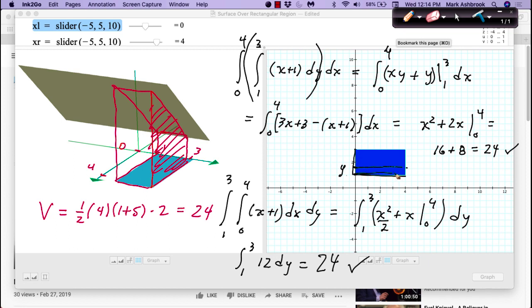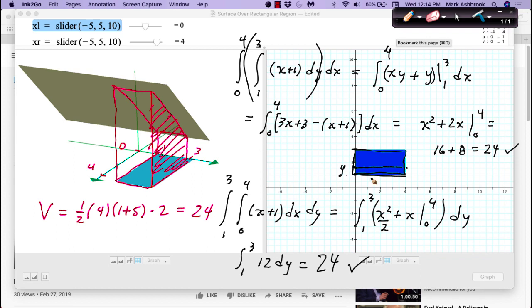Does the order matter? Well, because we have constant limits of integration, we have a rectangular region like this, you can just change the order. You can choose x or y first, and there's really no difference in how you set that up.